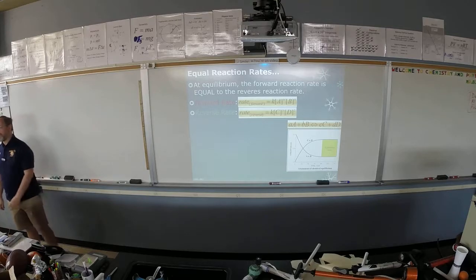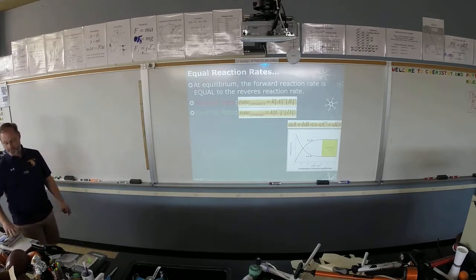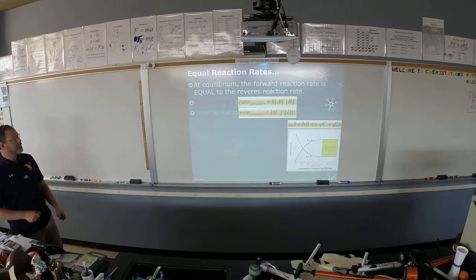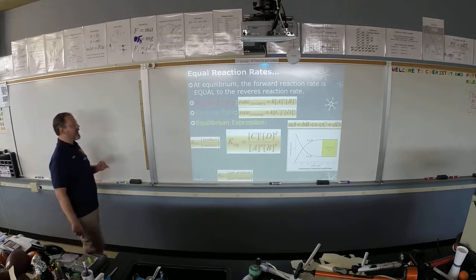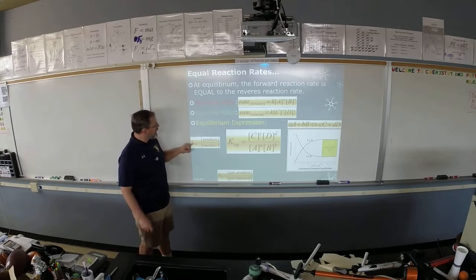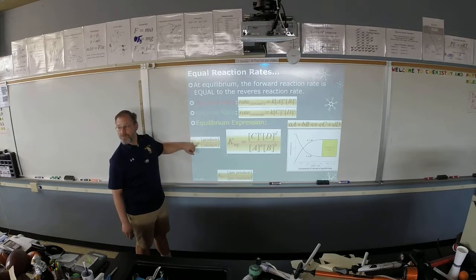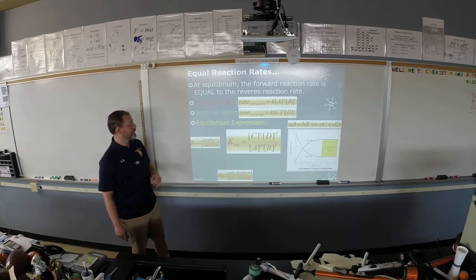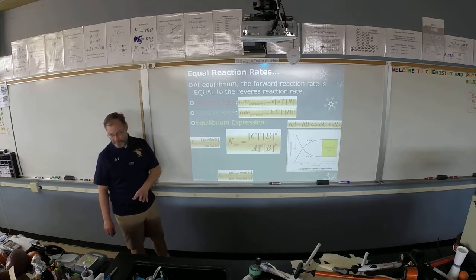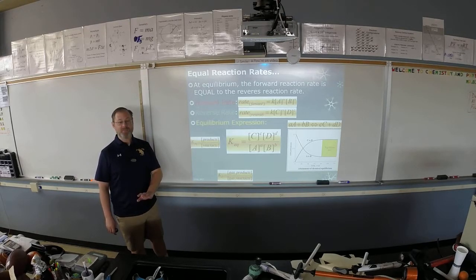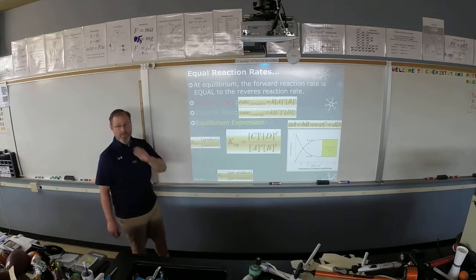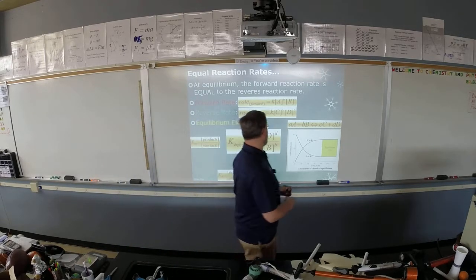It's really, really neat, and it's very, very easy to come up with. Here's the expression. The K, equilibrium expression, is the concentration of the products over the concentration of the reactants. And here's the cool thing. The exponents, in this case, are the stoichiometric coefficients. They are the coefficients from the balanced chemical equation.